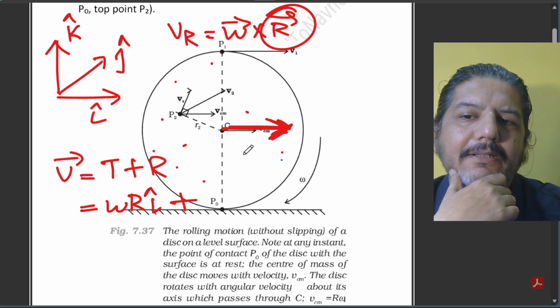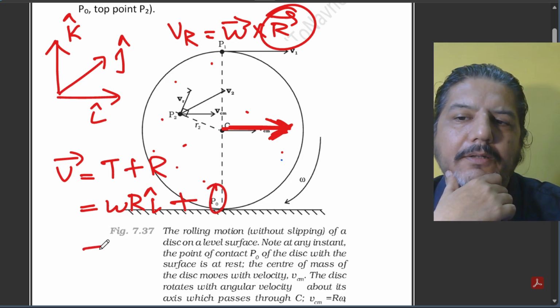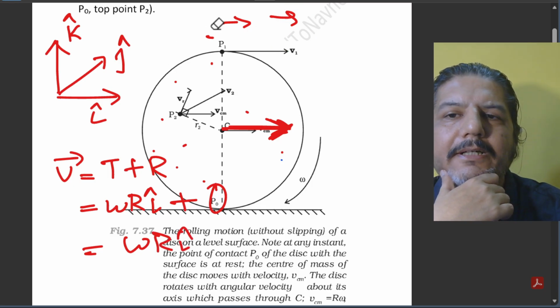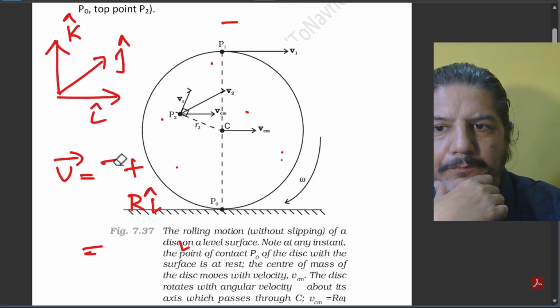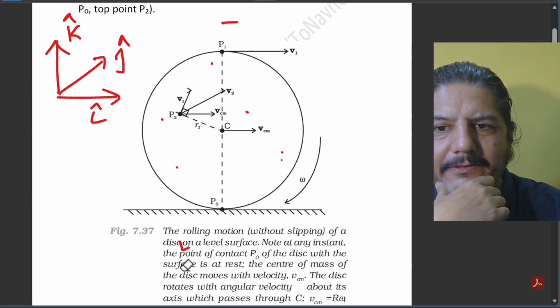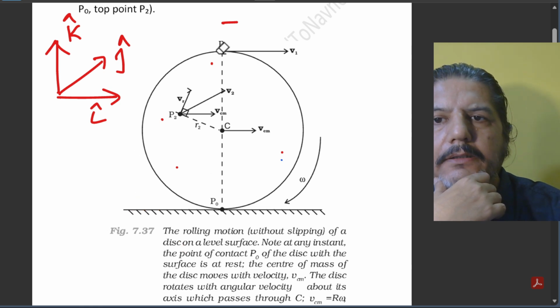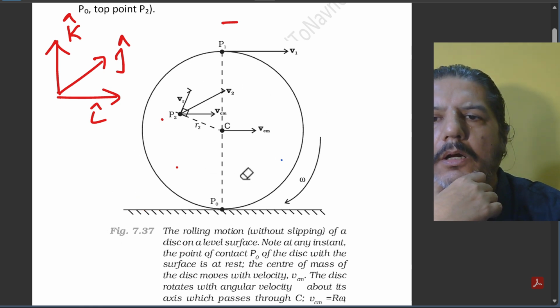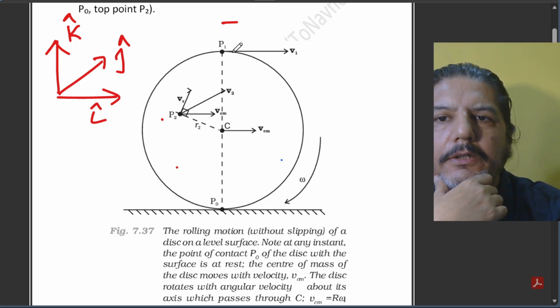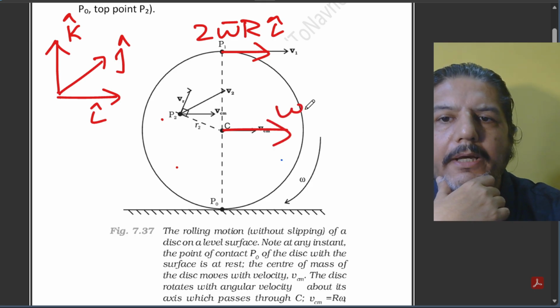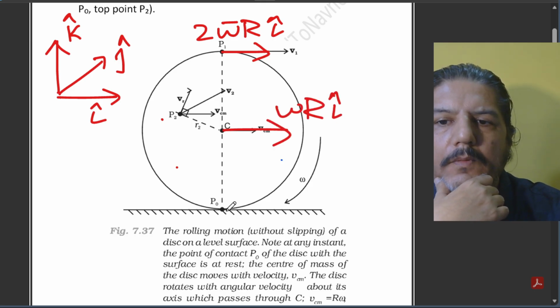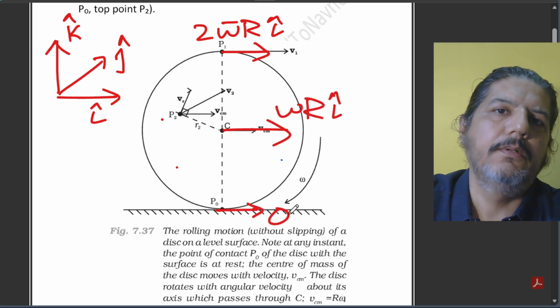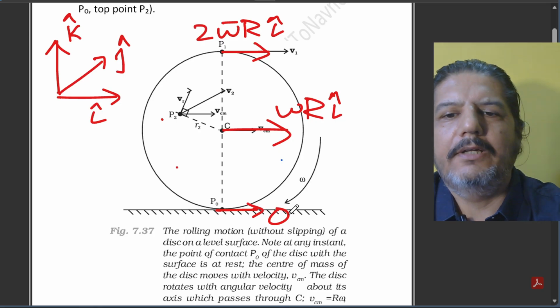So that is why the velocity is omega ri. So that is what is written in books, and now I hope it makes sense that at these 3 points, this is 2 omega ri, this is omega ri, and this is 0. I hope this is making sense till here.